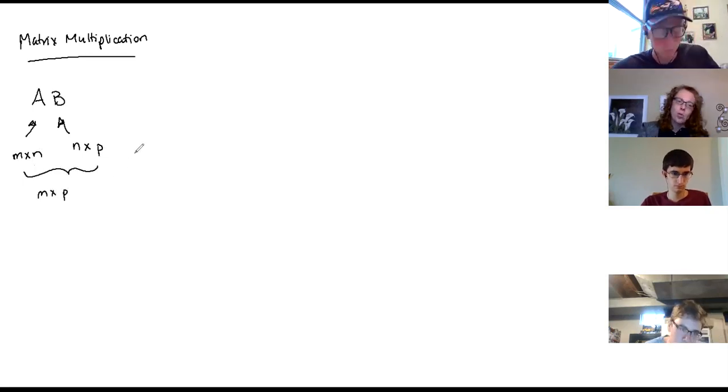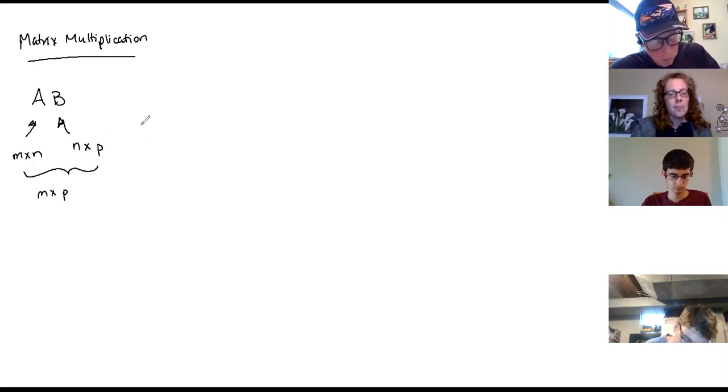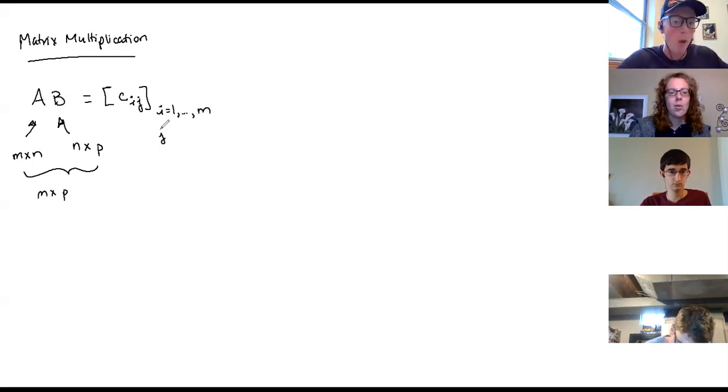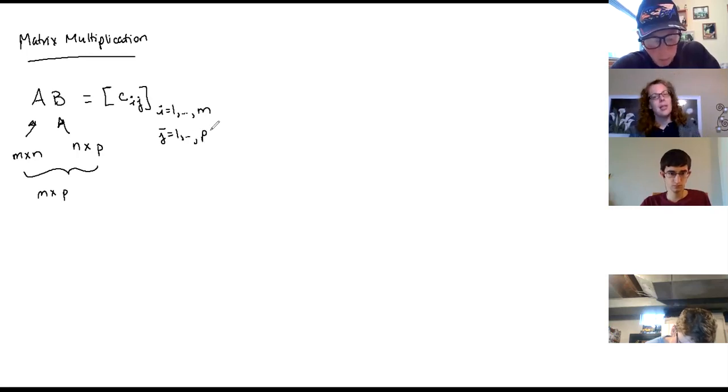M rows, P columns. Okay, the way that we do this is, let's say that this is C sub ij. That's my shorthand notation. I goes from 1 to M because there are M rows. J goes from 1 to P because there are P columns in my new matrix.